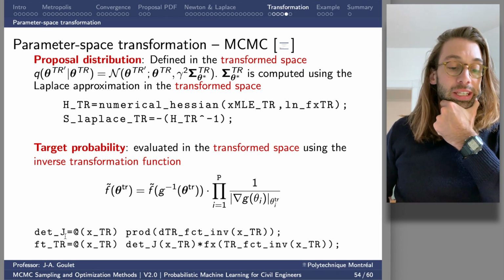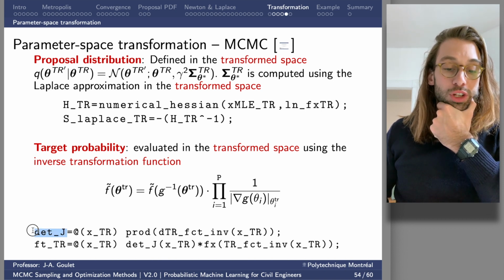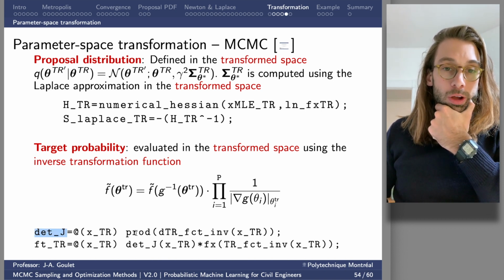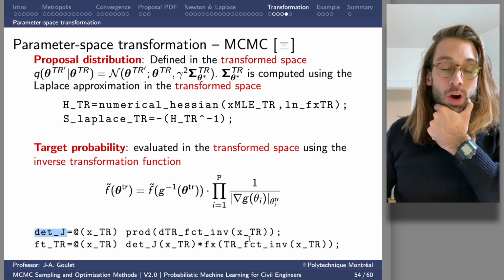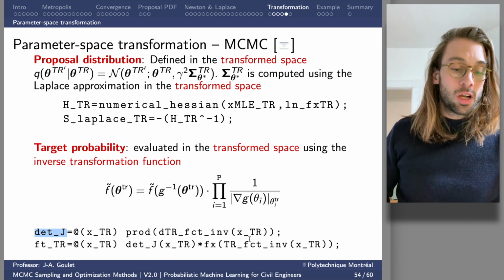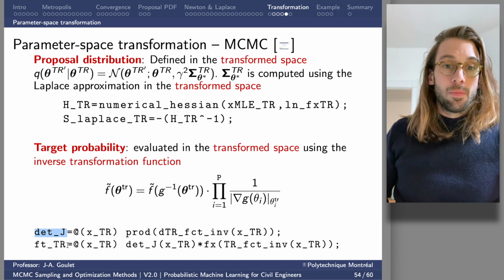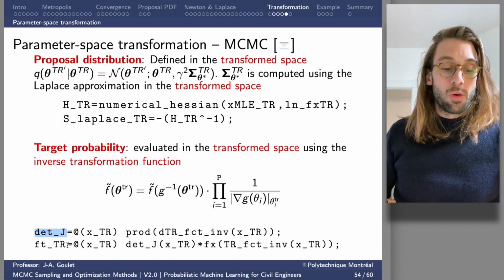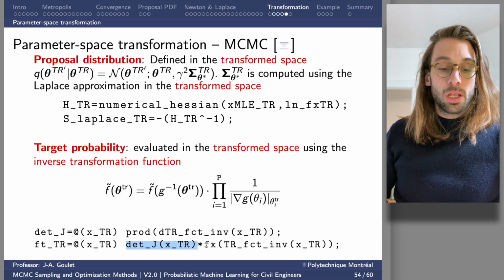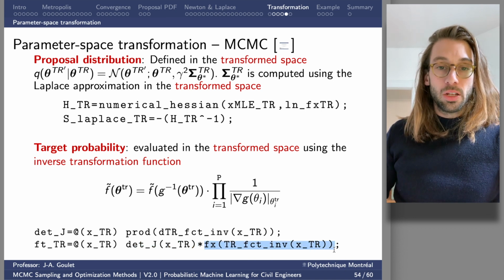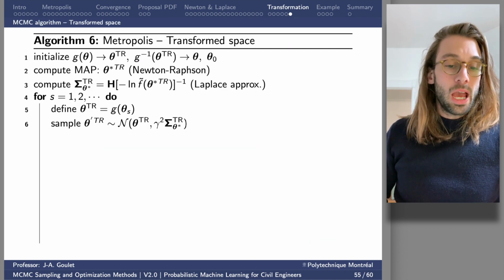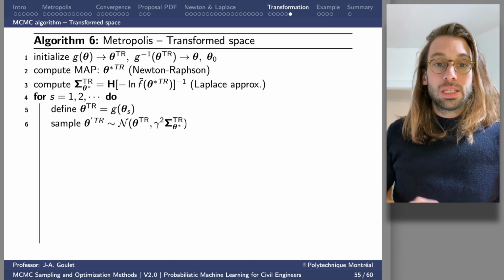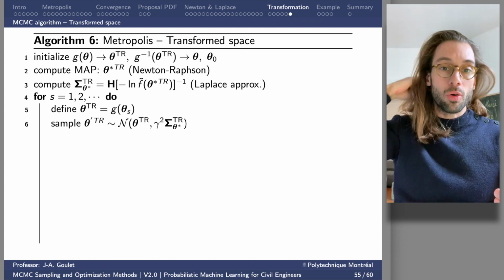So in that case, this is equivalent to building ourselves a function that's going to represent the determinant of the Jacobian, so the product of the partial derivatives of each transformation function. And then my target function in the transform space is going to be given by the determinant of the Jacobian times my target function.